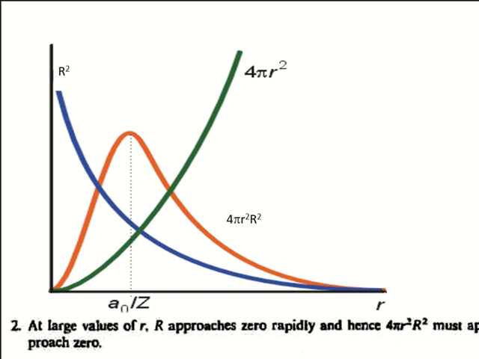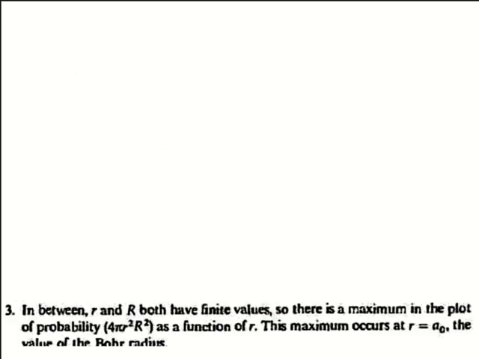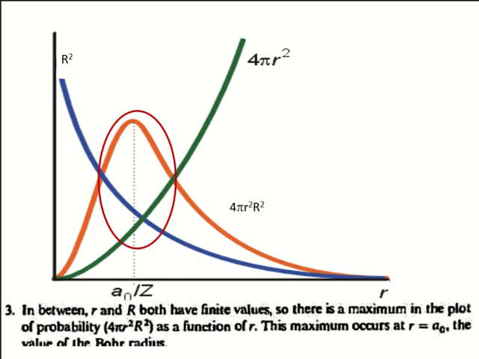At large value of r, the capital R approaches 0 rapidly, and hence the multiplication term is 0 again, and somewhere in between. So these are two things that we analyzed, and third is the middle point where both are having finite value.